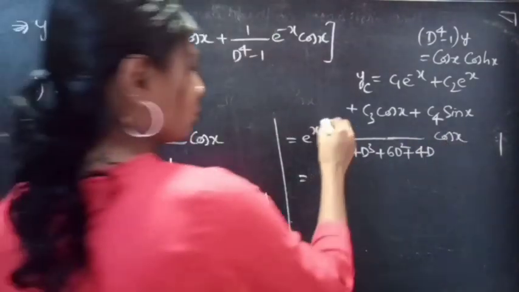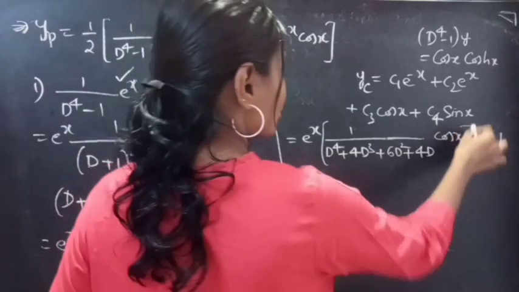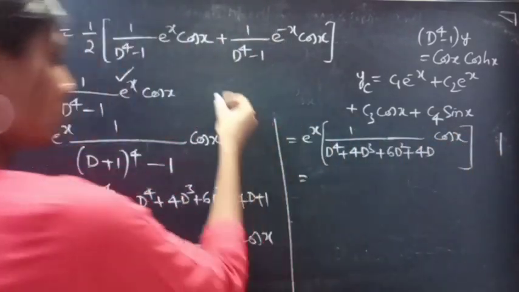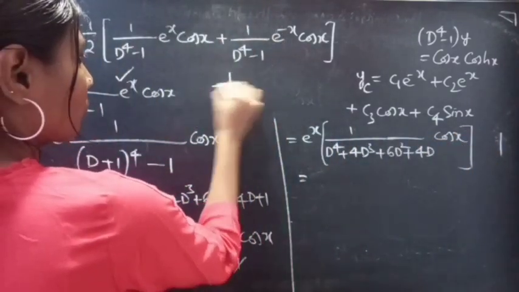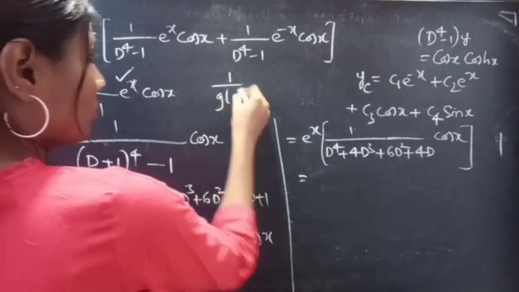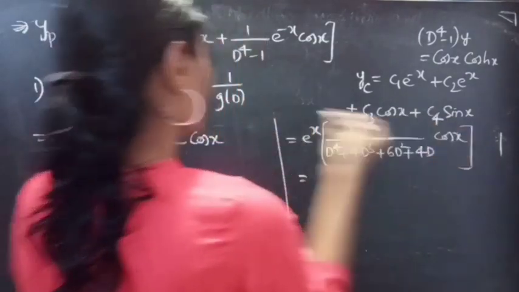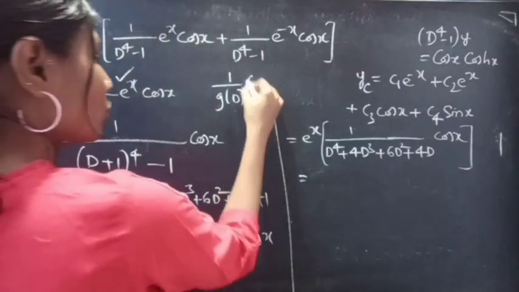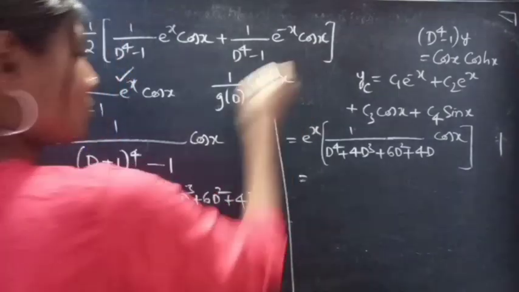We are having 1 by some function of d into cos bx form.